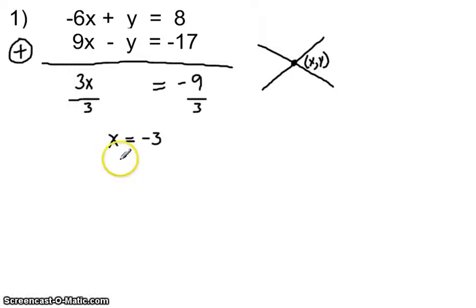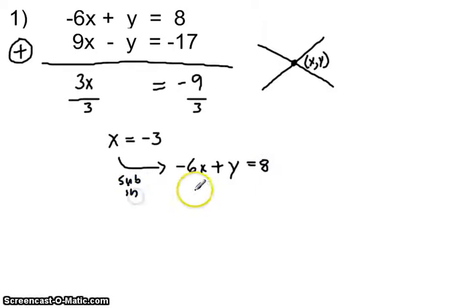So I'm going to sub this into the negative 6x plus y equals 8 equation. I'm going to sub it in. And make sure you do this with parentheses, especially since we have a negative. So it's negative 6 times negative 3 plus y is equal to 8, and now we're going to find the y.